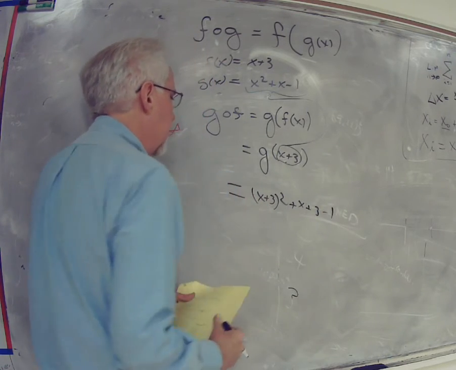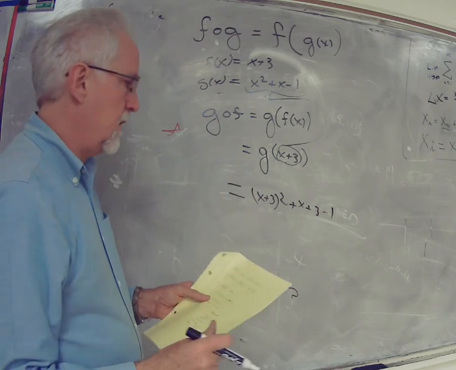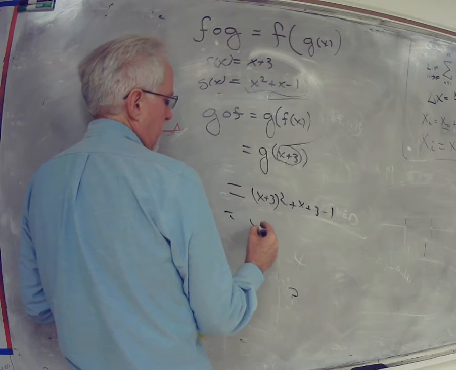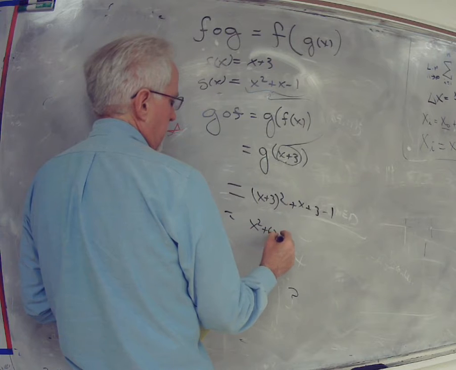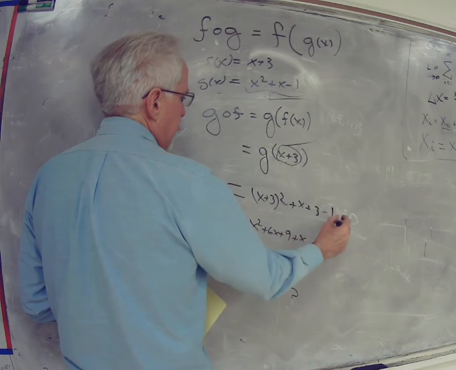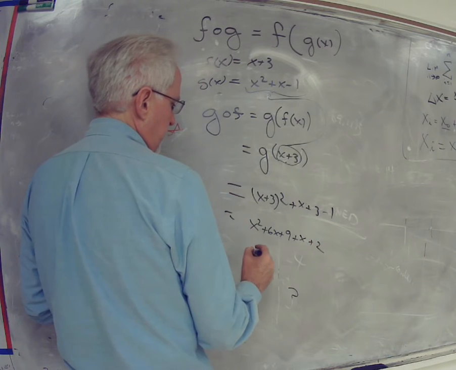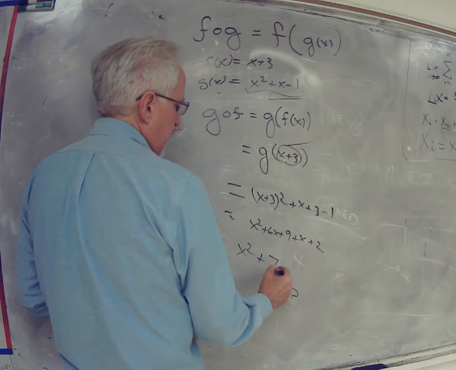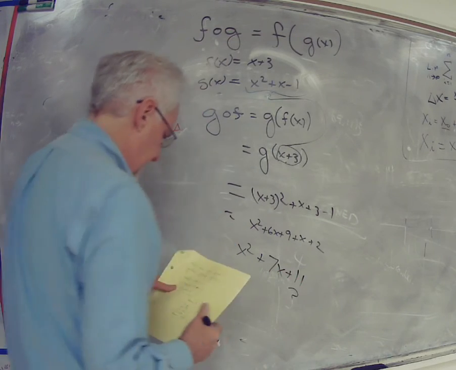Do I stop there? No. So what is this going to become? X squared plus 6x plus 9 plus x, and then we could say plus 2. And then I would have x squared plus 7x plus 11.